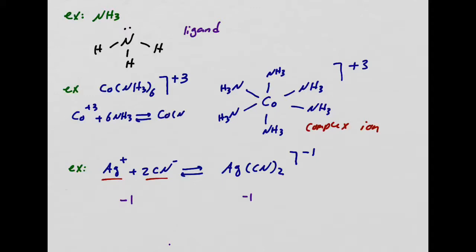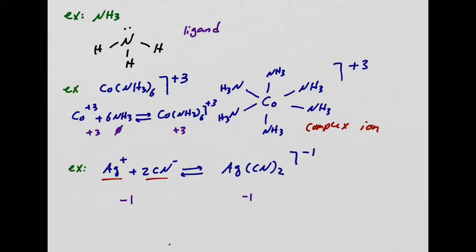So I ended up getting cobalt, 6 ammonia, +3. Because here it had a +3 charge and this is all neutral, so here I have to have a +3 charge. So the charges would match up. You guys feeling pretty good about this?